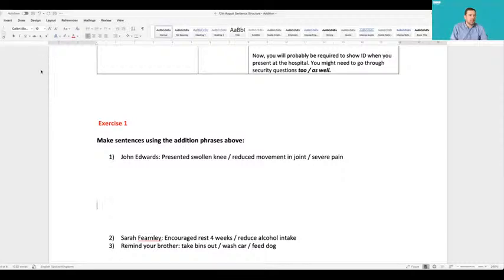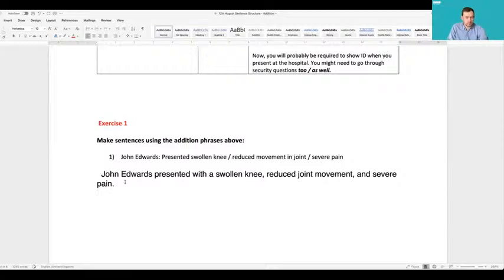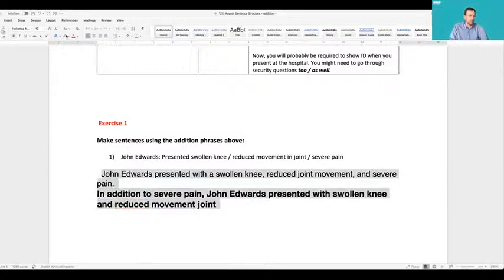Okay, let's get some of these sentences. Remember, you can use any addition you like. Okay, we've had a minute there already.